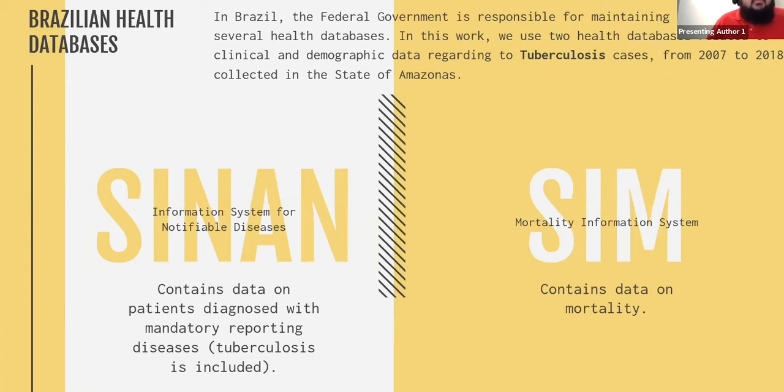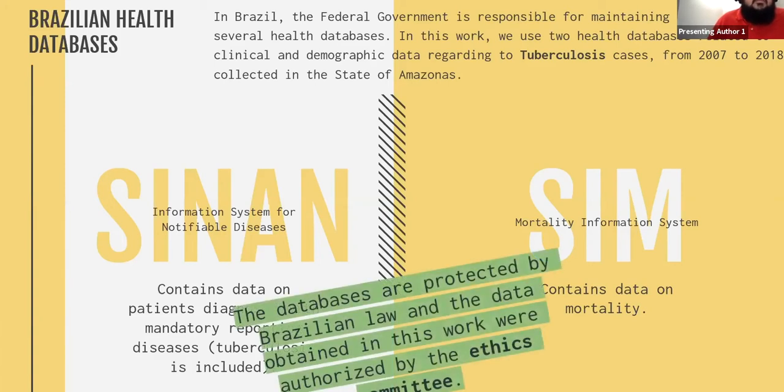The Brazilian government is responsible for the database SINAN, the Information System for Notifiable Diseases, which contains data on patients diagnosed with mandatory reporting diseases, and the SIM, the Mortality Information System, which contains data on mortality. The databases are protected by Brazilian law, and the data obtained in this work were authorized by the Ethics Committee.